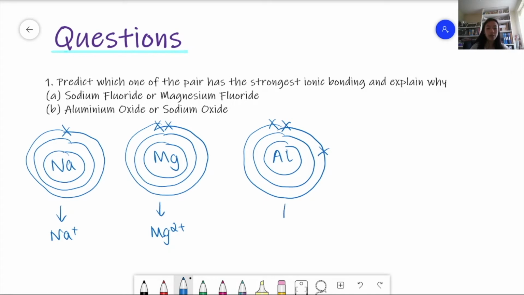And so from that, we can see that aluminium forms 3+ ions, and the size of it is quite similar to sodium and magnesium because they have the same number of shells. And so we know that the ionic bonding in aluminium oxide will be a lot bigger than sodium oxide. So for the first question, magnesium fluoride is the answer. And for the second question, aluminium oxide is the answer.